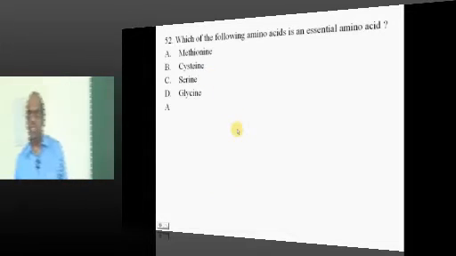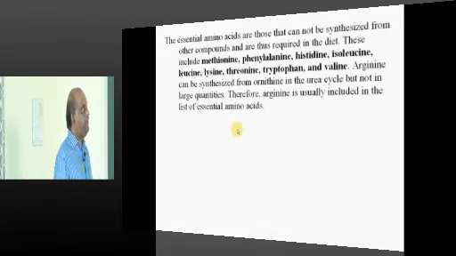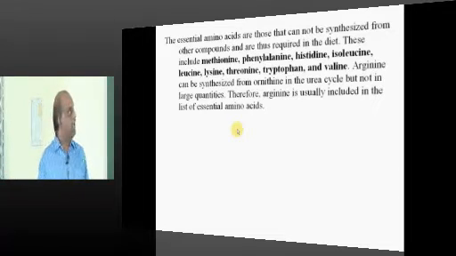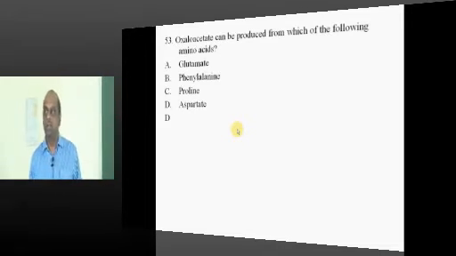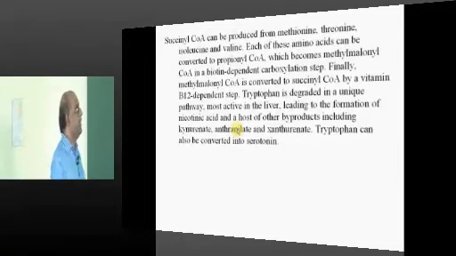Now essential amino acids, what are they? Methionine, phenylalanine, histidine, isoleucine, leucine, lysine, threonine, tryptophan and valine are basically called PVT TIM HALL, the typical essential amino acid list.